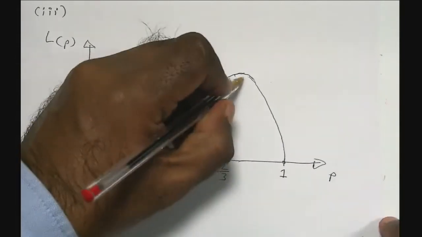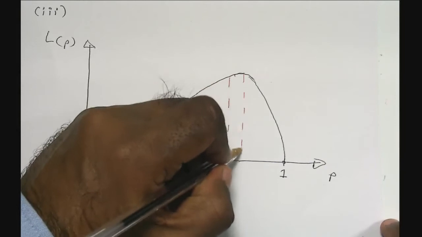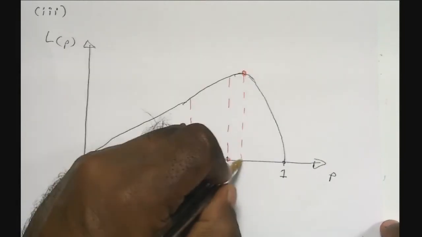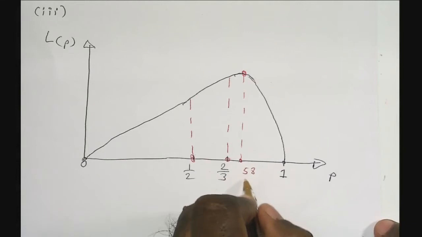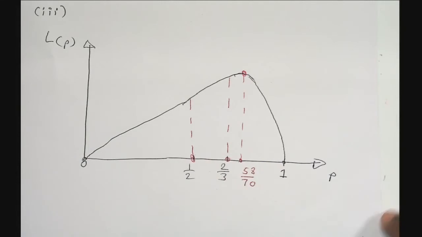And this largest point here, the largest point of the graph, will correspond to 58 by 70.